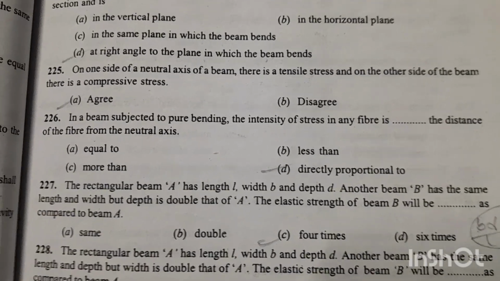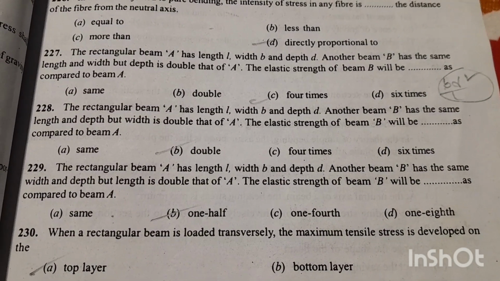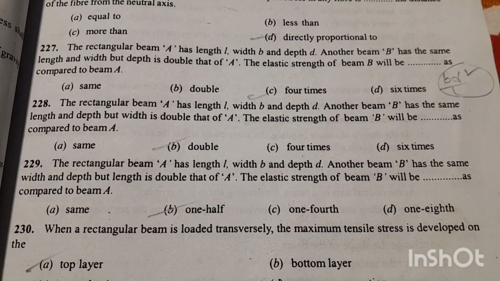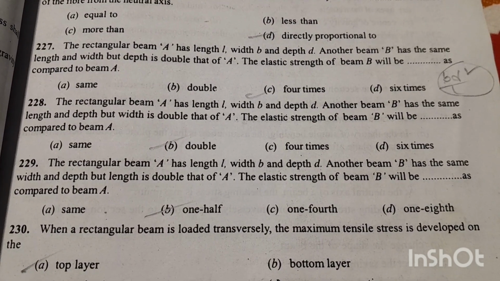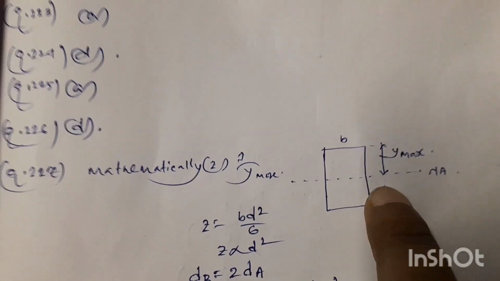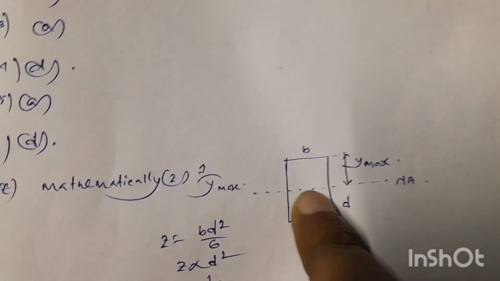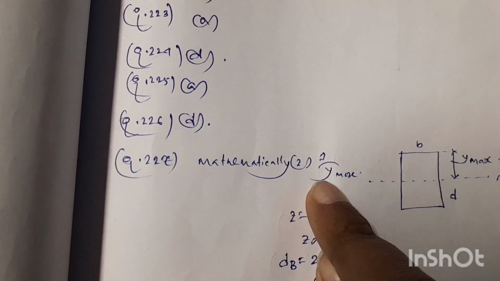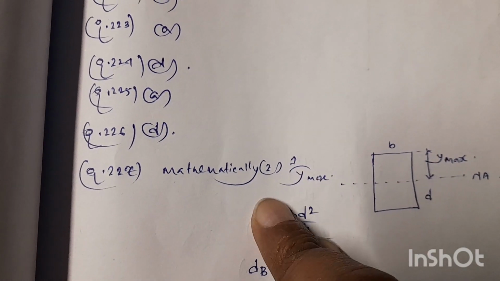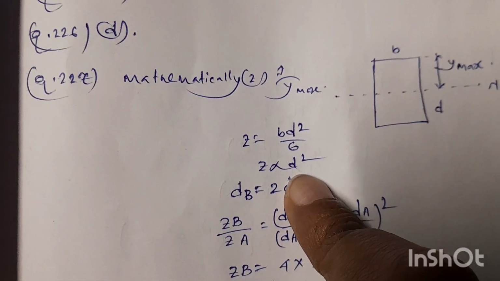So let's see. Friends, we calculate the elastic strength of the beam by the section modulus of the beam. So this is a rectangular beam section, breadth B and depth D. This is the neutral axis. Mathematically we know section modulus Z will be equal to I by Y equal to BD square by 6.